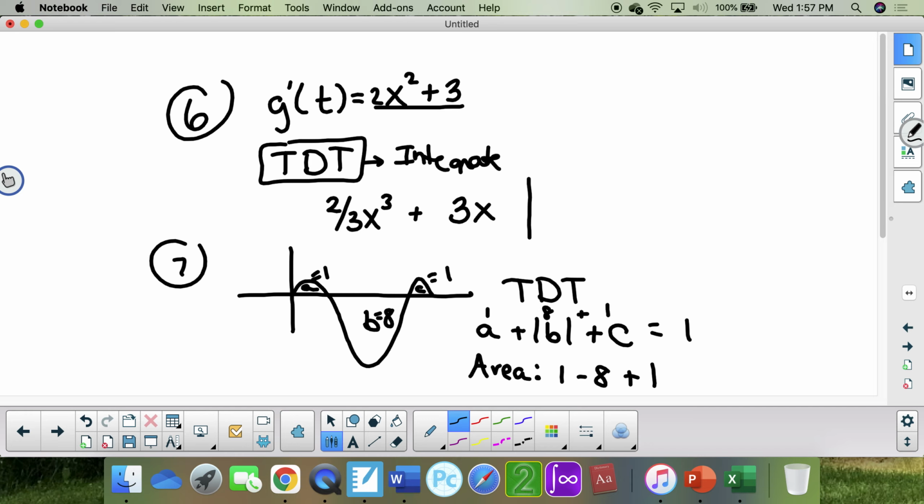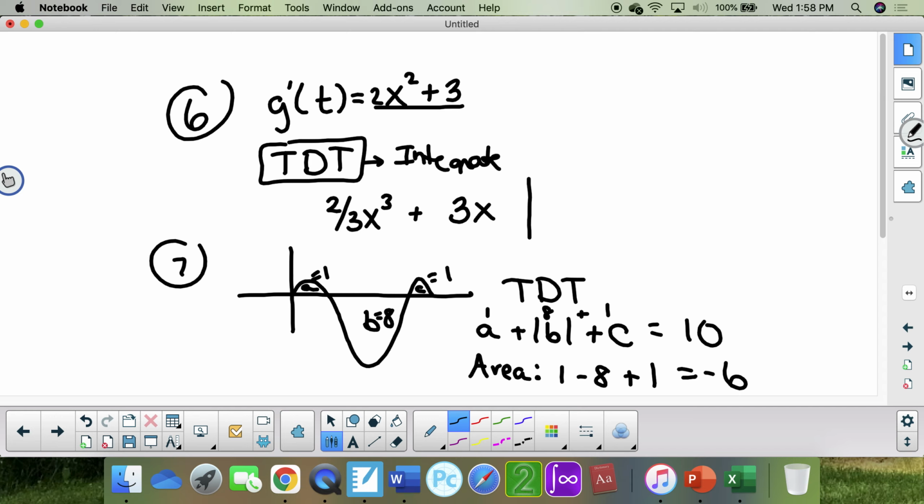This answer would be 10, and this answer would be negative 6. Total distance traveled is 10, area would be a negative 6, depending on what they ask you on the test, right? You have to know that total distance traveled, the negative part is always positive. Area, positives and negatives on the AP test.